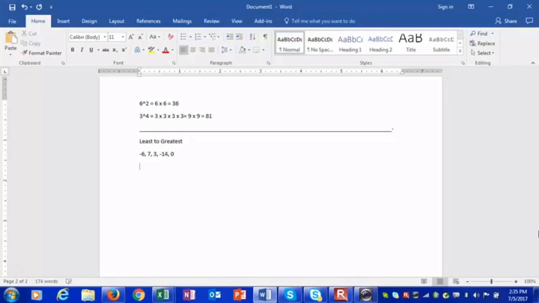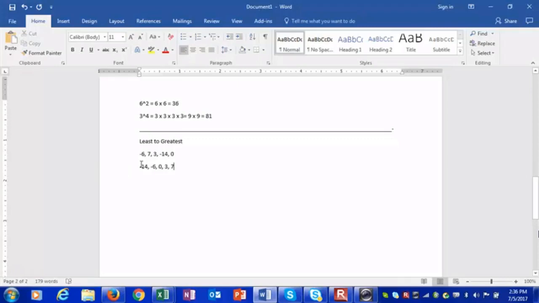How would I order these from least to greatest? When they say least to greatest, they mean from negative to, of course, 0 to now the positives. So the highest negative that we have is negative 14. The next highest negative that we have is negative 6. Well, 7 and 3 are positive numbers, but we still got a 0 there. So 0 goes next. And then, from there, 3 is the closest to 0, and 7 is closest to 3. This is how you would range least to greatest.